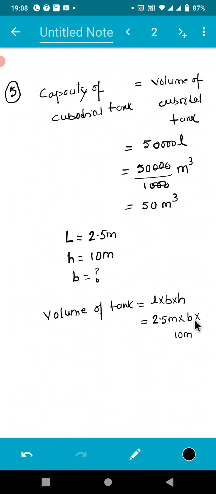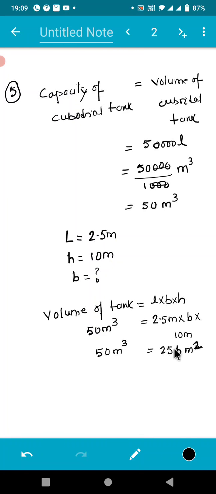So it would be 25 b meter cube. So volume of the tank is 25 b meter cube, and this is also volume of the tank, that is 50 meter cube. So both are same. So in place of volume of tank we can write 50 meter cube also, because both are same only. So this will be meter square, let it be, because 2 meters are there only.